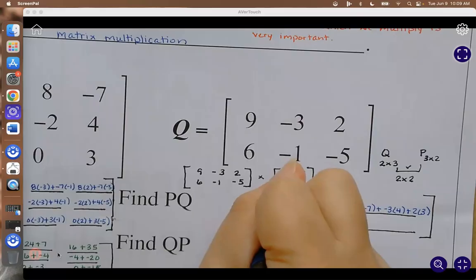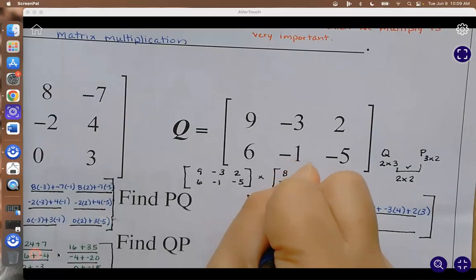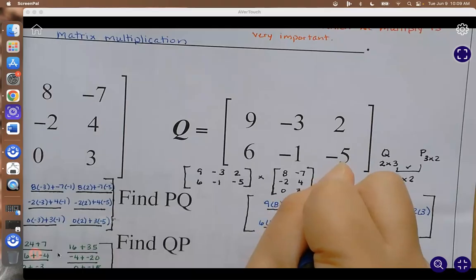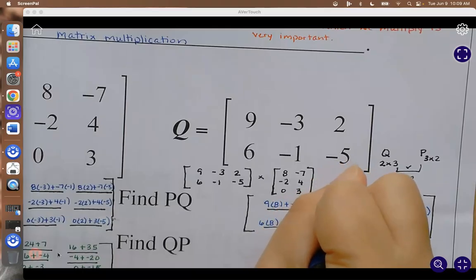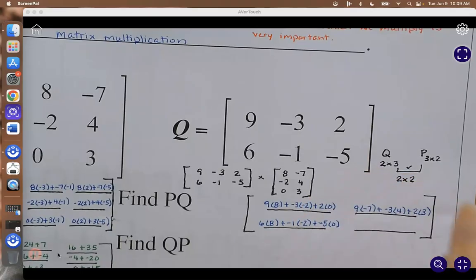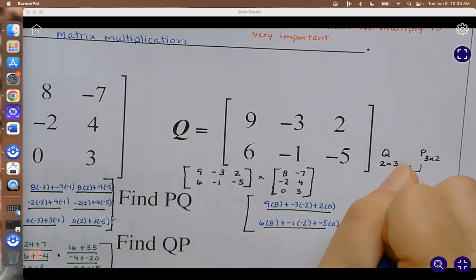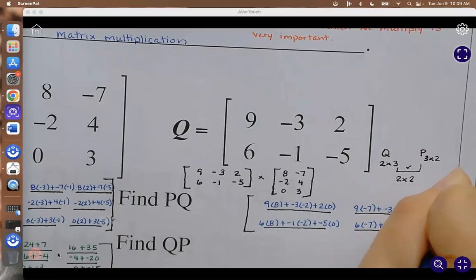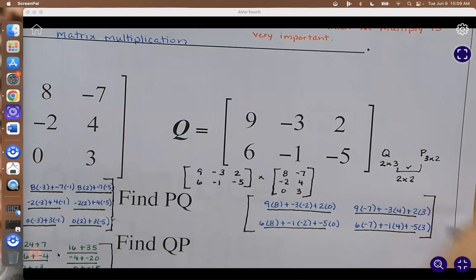Then we go and do 6 times 8, negative 1 times negative 2, and negative 5 times 0. Then we'll do 6 times negative 7, negative 1 times 4, then negative 5 times 3.